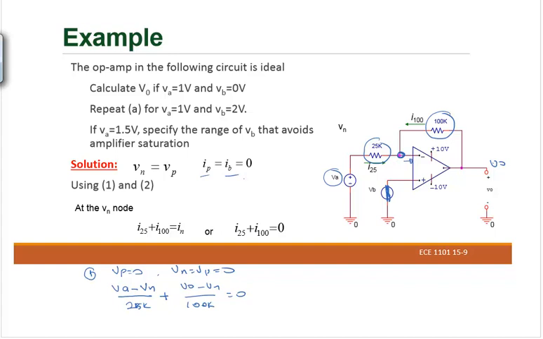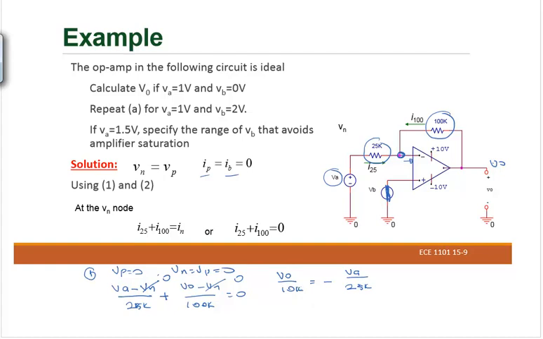Now what's going to happen? I know this is equal to 0, because VB equals 0. From here, I can say V0 divided by 100K will be equal to negative VA divided by 25K.